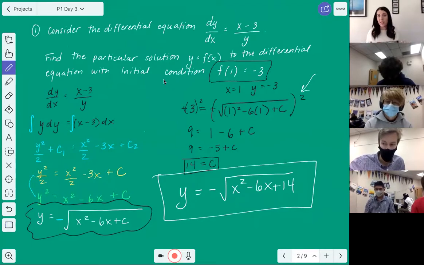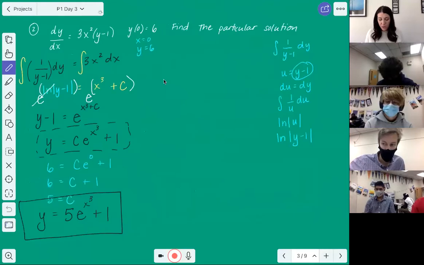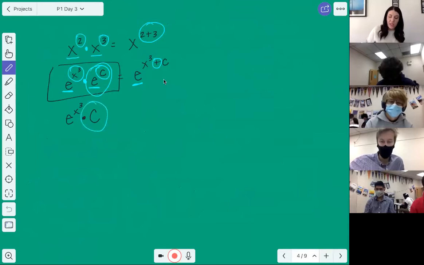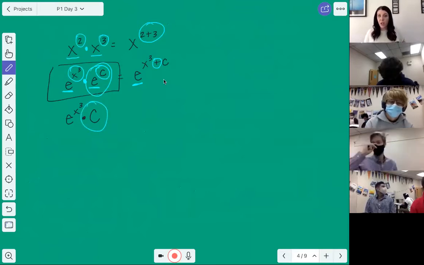Like we had c1 and c2, we have 2c, all of that's just a constant until we actually plug in our initial conditions and solve. We were using that same logic here because e is a constant. Like if it's 3 raised to the 4th, that's also still just a number. There's no variables left in there. So that allowed me to rewrite this e to the c as just a c. And it is times because of that algebra 2 logic with x squared times x cubed.